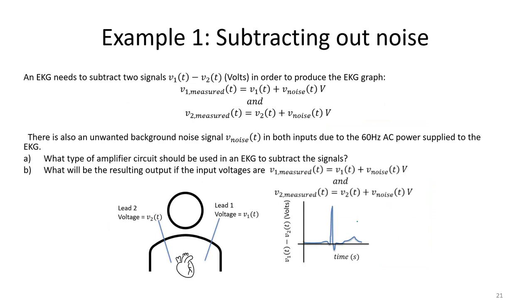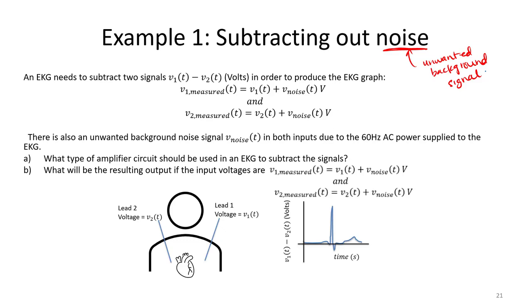This leads us to our first example. There are many applications in engineering where we need to subtract out background noise from our signal. So when we say noise here, this is just unwanted background signal. As you might imagine, the voltages produced by the human heart are relatively small.